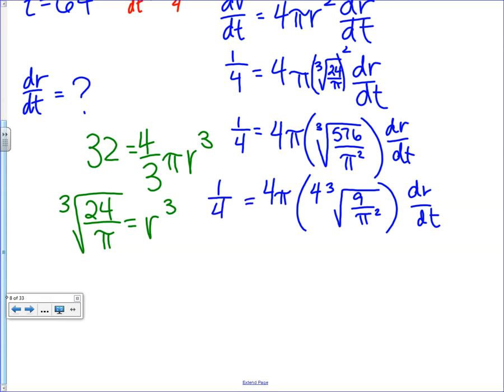Okay, so now what? I can divide that 4π over. So this guy right here can be divided over, and I have 1/(16π). And then I now have this. And I'm going to split this up into 2 cube roots.